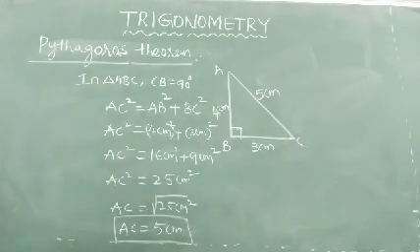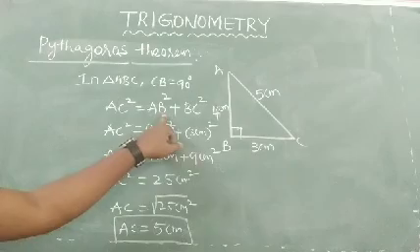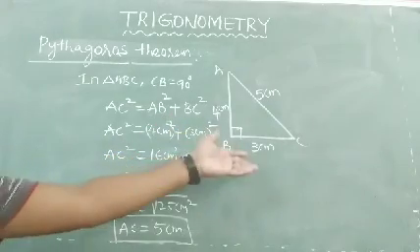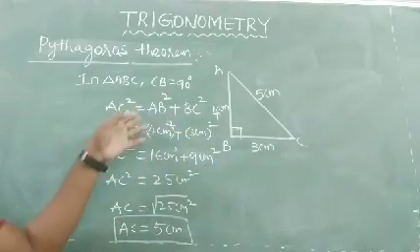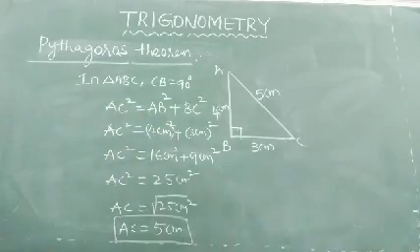Like this we can find any unknown side of a right angle triangle by using the Pythagoras theorem. Not only the hypotenuse, we can find the AB value or BC value also by substituting in this relation.